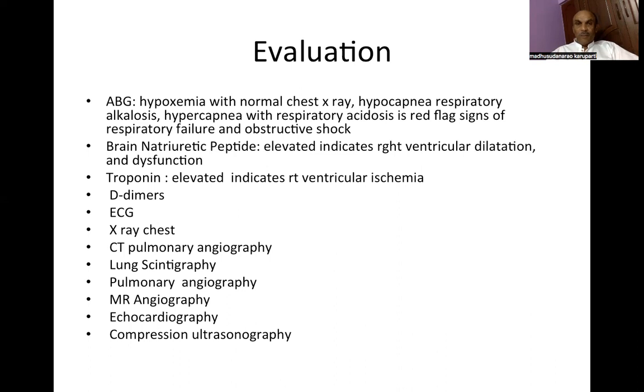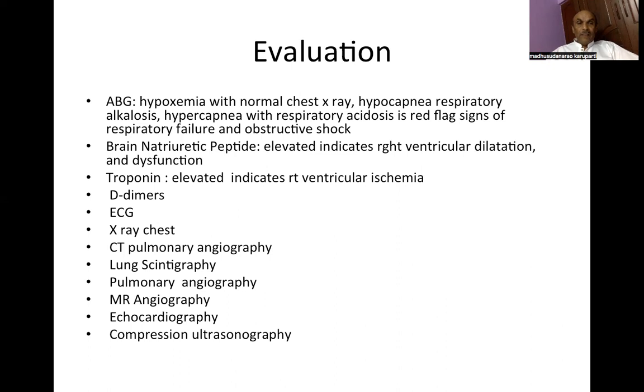As I told you earlier, because of the increased respiratory drive, there is a washout of carbon dioxide, thereby resulting in hypocapnia and respiratory alkalosis. Presence of hypercapnia with respiratory acidosis is the red flag sign of respiratory failure and obstructive shock.